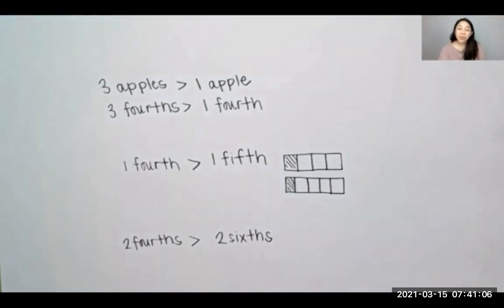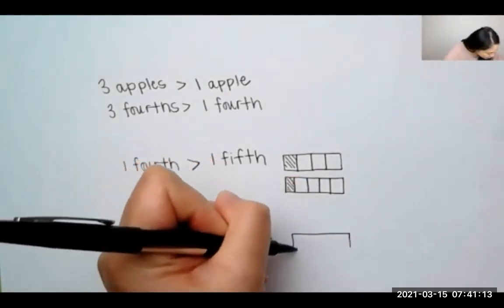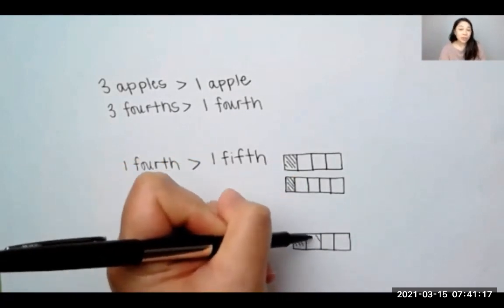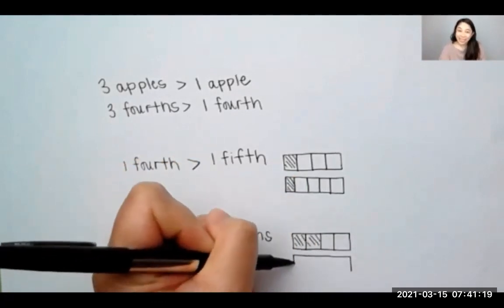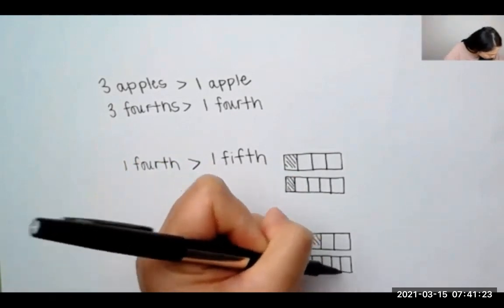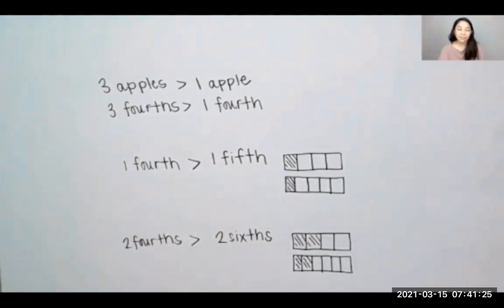Just like before, we can prove it by drawing two tape diagrams to compare. We can partition our first tape into fourths and the other into sixths. There are more sixths than fourths, so each fourth is going to be bigger than the sixths.